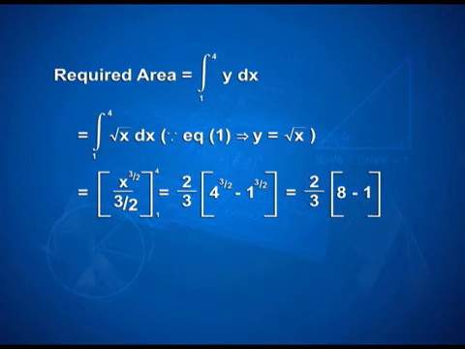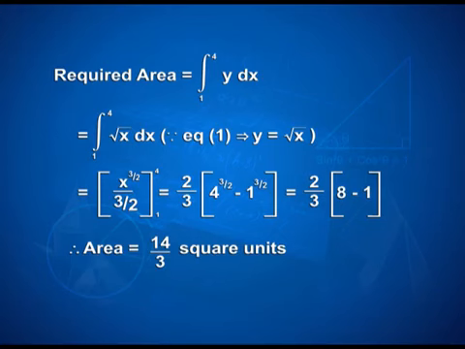On applying limits, we have 2 upon 3 into 4 to the power 3 upon 2 minus 1 raised to 3 upon 2, that is equal to 2 upon 3 into 8 minus 1, that gives us 14 upon 3 square units as area. Now, look at the solution to the second question.